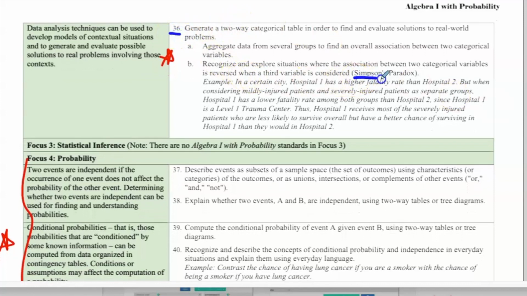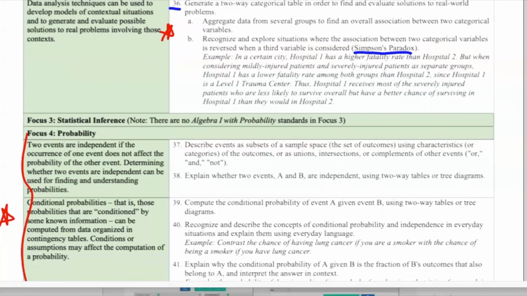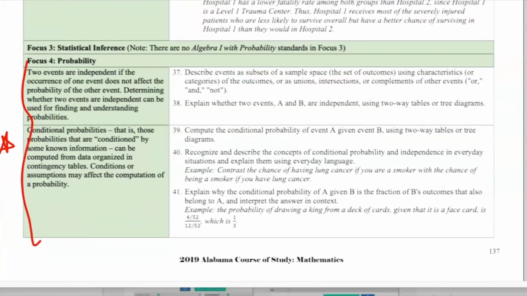We have Simpson's paradox, which is new. And then in the probability, we take a lot deeper dive into independence and conditional probabilities. So previously, we just had one standard. Now we have 37, 38, 39, 40, and 41. So those are a couple of the major changes. We will go over those more each day when we look at each 9 weeks.